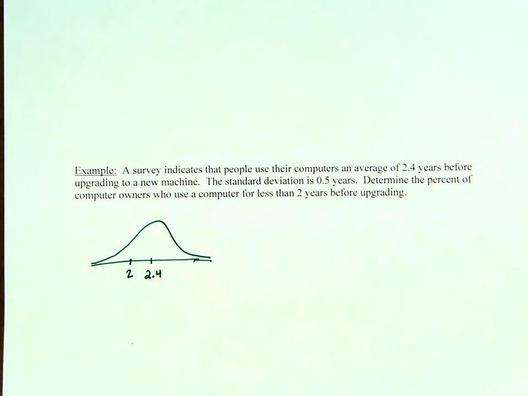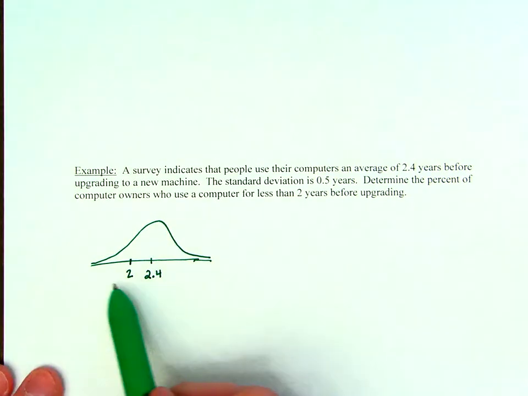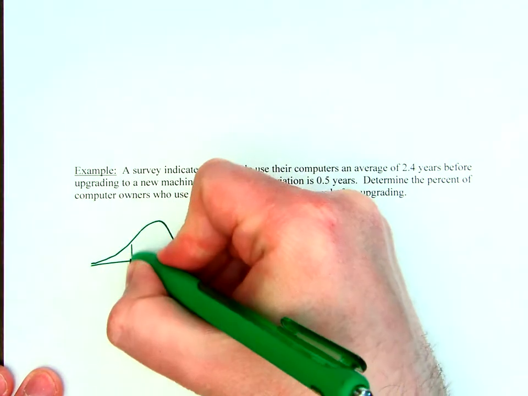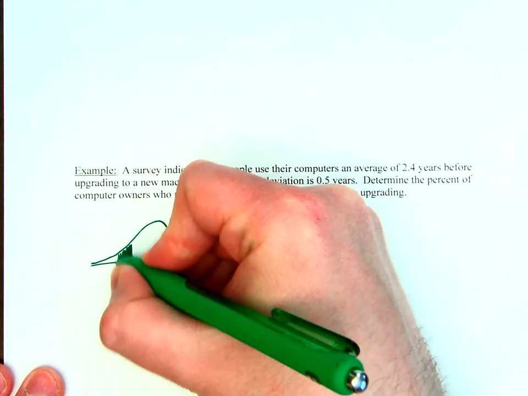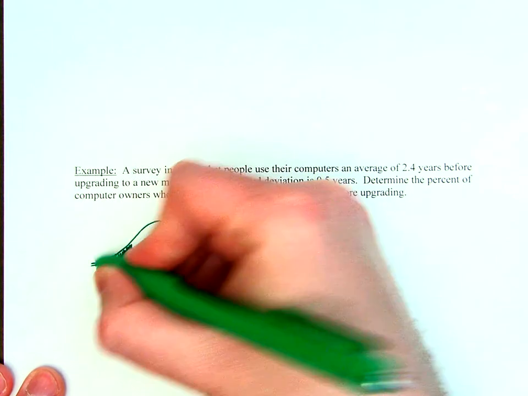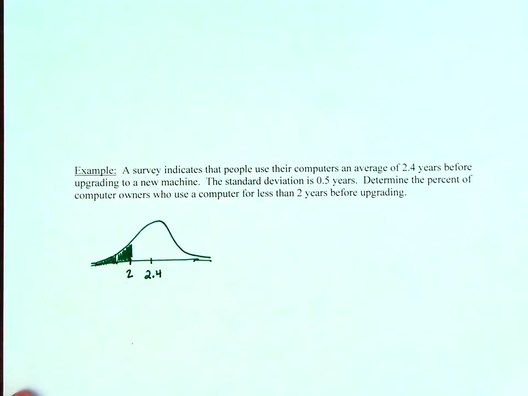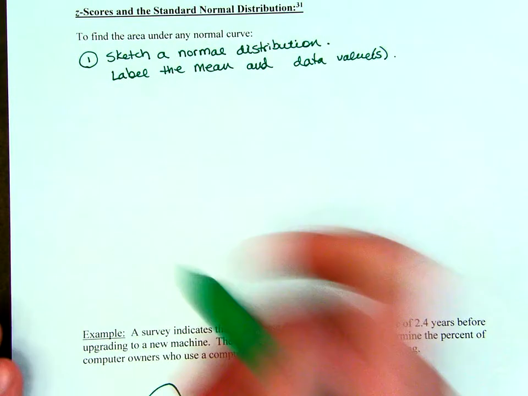Well, the next thing I'm going to do is shade the region that I care about. What do I care about here? I care about the percent of people owning a computer less than 2 years before they upgrade. So I'm going to shade that region over there. That's going to be my second step in my process.